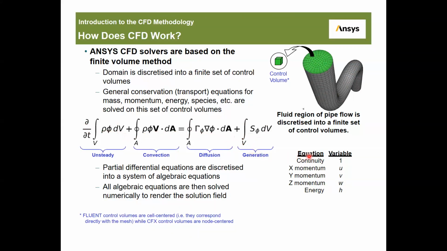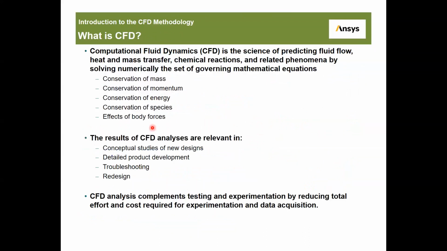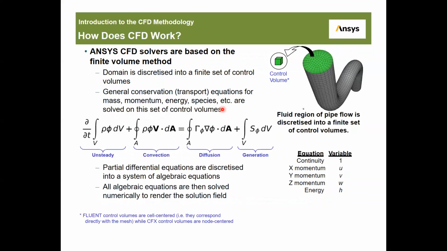If you replace phi with one, this one is one, one, and one, it becomes the continuity equation, which is the conservation of mass. This one is the continuity equation, the conservation of mass. If you replace phi with u, you will have the x-momentum equation.